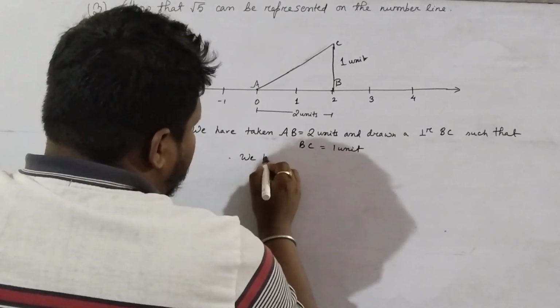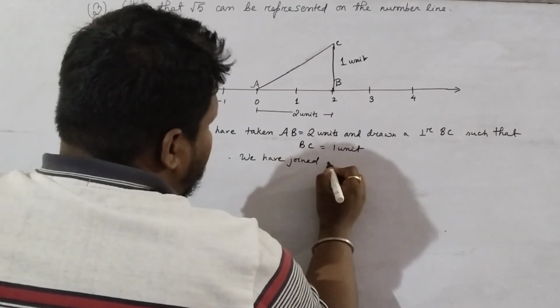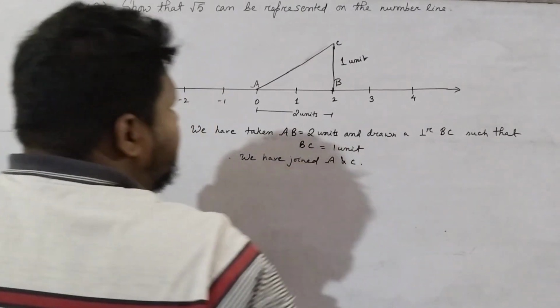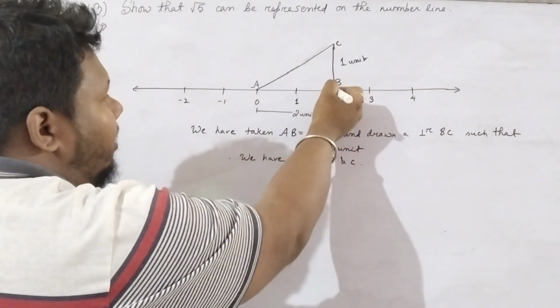We have joined A and C. After that, we have got a right angle triangle, right?